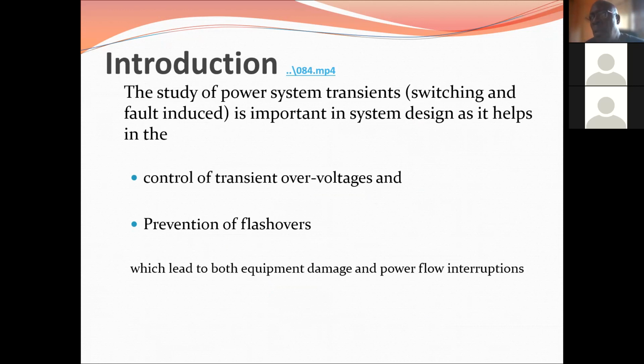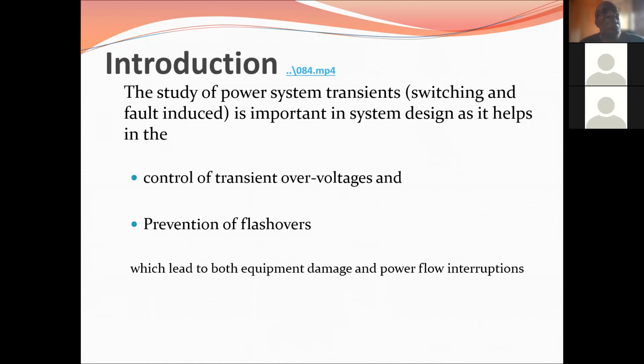And from an operational standpoint, you will have to be cognizant of these transients that will ensure that your protection system in particular will not operate during that transient period. The protection system would recognize it as a transient and therefore will not see it as a fault and trip. Okay?